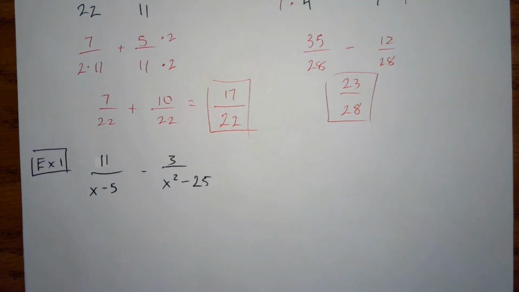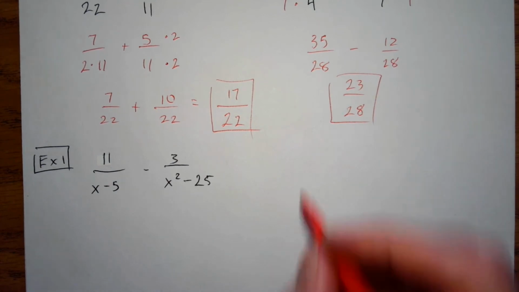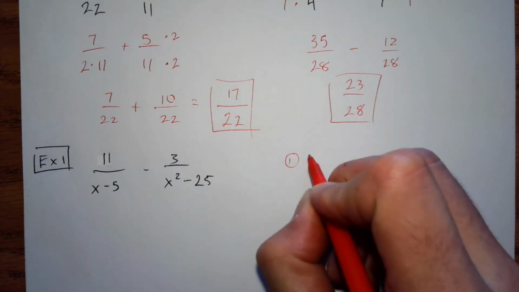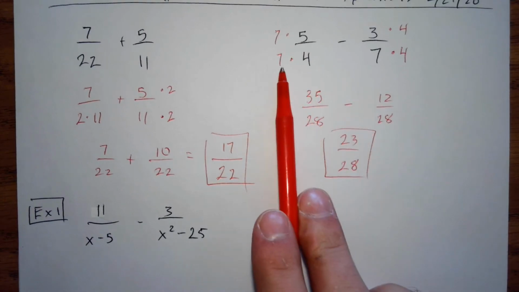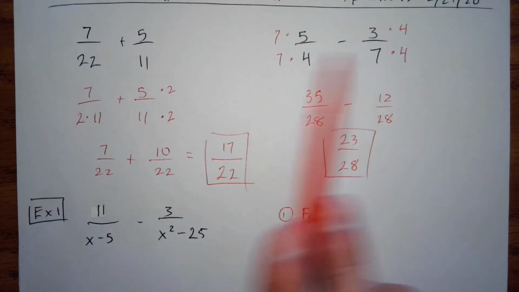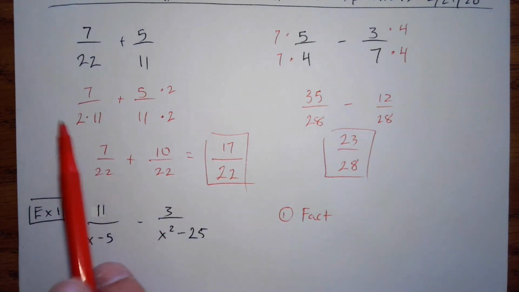First, we have to figure out how to make the denominators the same, and we're going to do that first by factoring the denominator. Then we can see what's missing. So here we could just tell that one was missing a 4, one was missing a 7. On this one, you could probably also just tell, but this one was missing a 2.